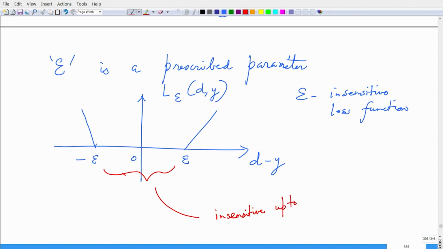It is insensitive up to an epsilon interval, right, minus epsilon to epsilon, and the length of the interval is 2 epsilon. So, it is insensitive over this interval from minus epsilon to plus epsilon.